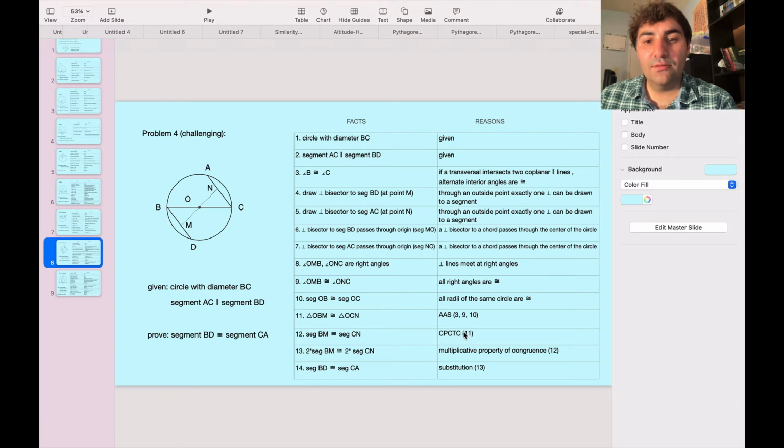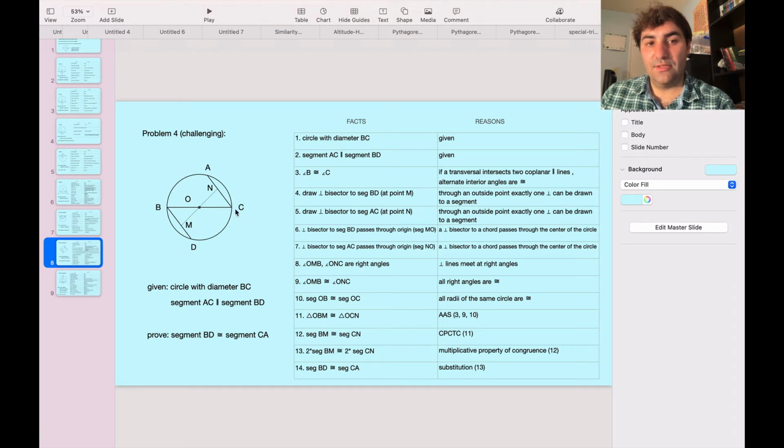Using the angle side postulate with what's in 3, what's in 9, and what's in 10, we get that triangle OBM is congruent to triangle OCN. By corresponding parts of congruent triangles are congruent, segment BM is congruent to segment CN.